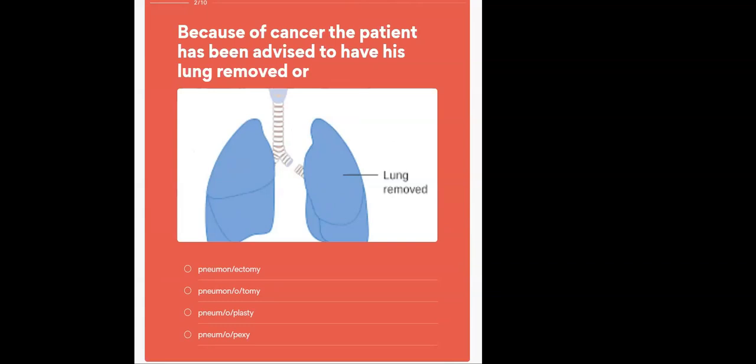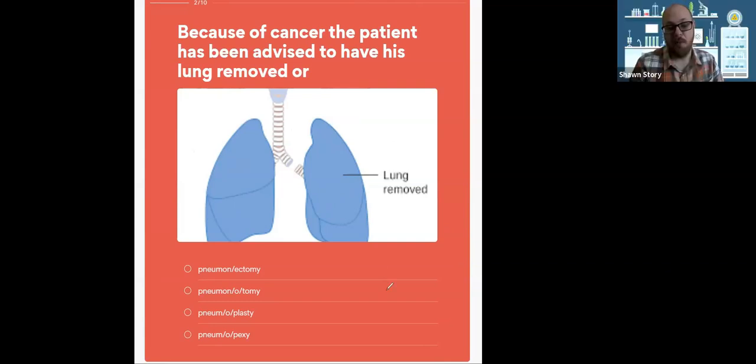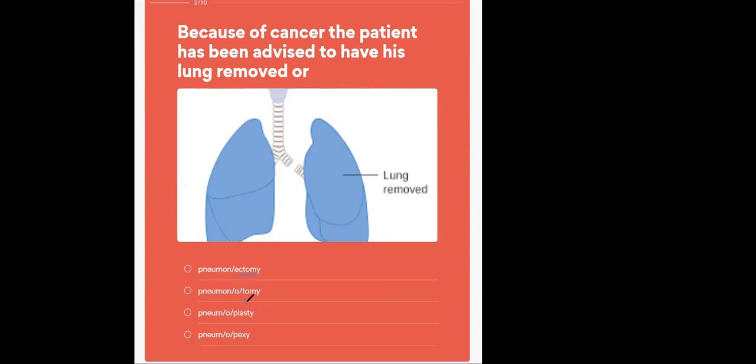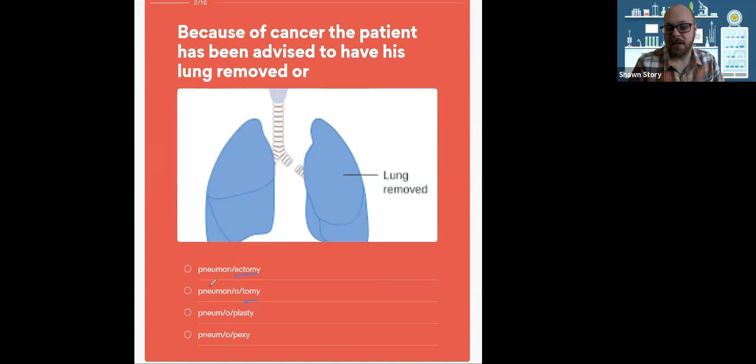Because of cancer, the patient has been advised to have his lung removed or... Which one means neurectomy? Yes, I see. Is that how you pronounce it? Neurectomy? Pneumonectomy. Pneumonectomy, yep.